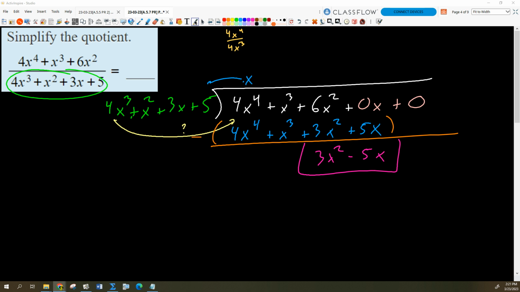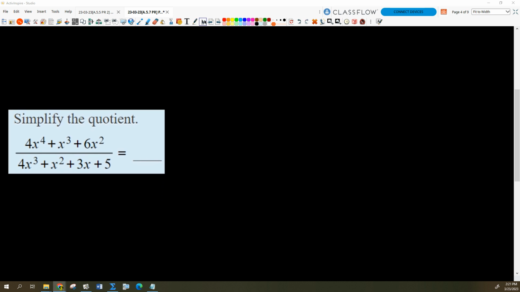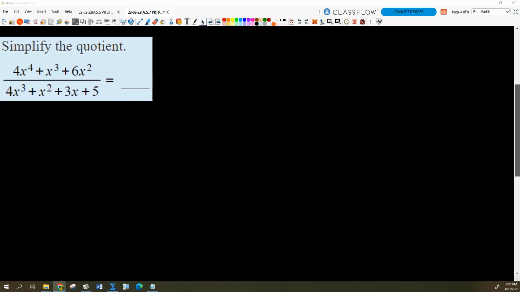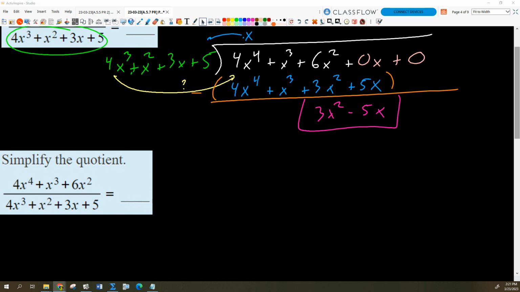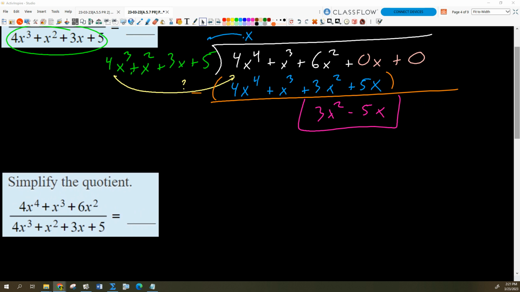So the final answer then, my quotient is equal to x plus 3x squared minus 5x divided by the original denominator.